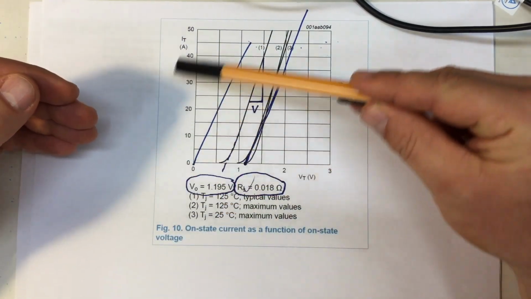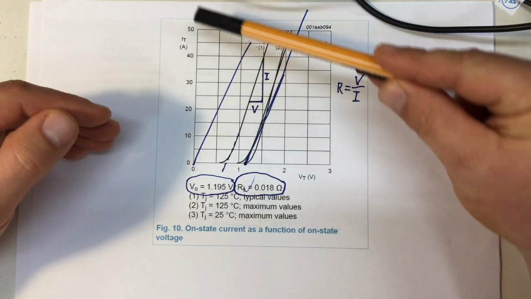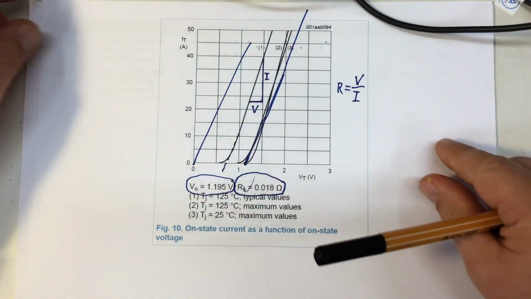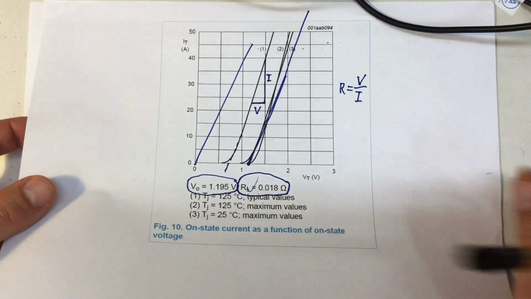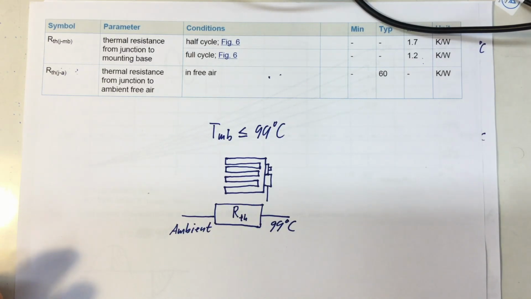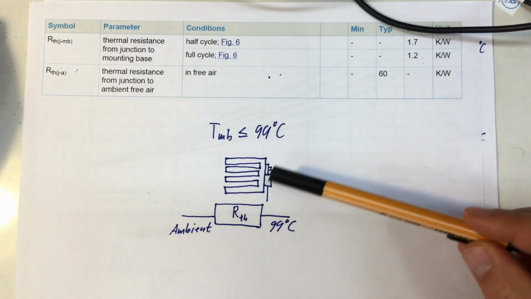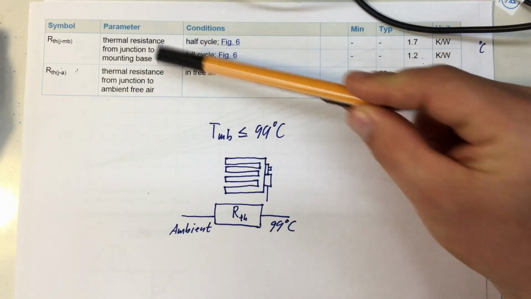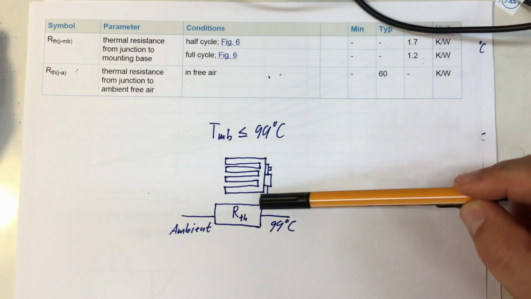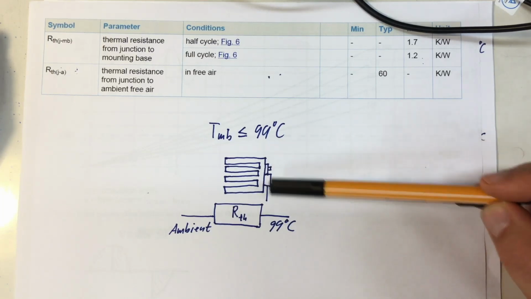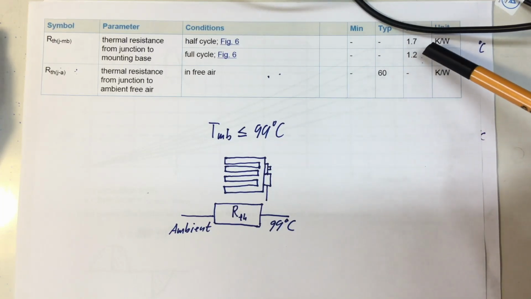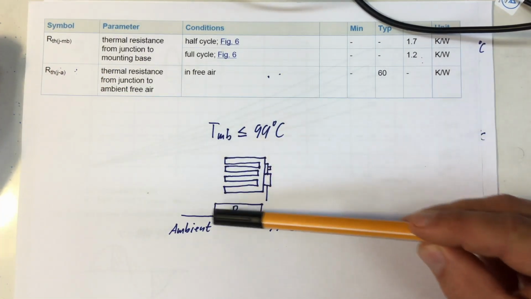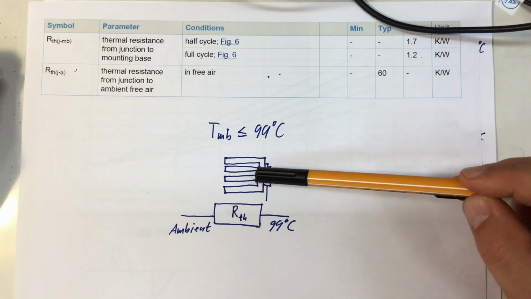We could then multiply that by the current going through and do some integration and lots of complicated stuff to get the power dissipation at the junction. And then take the thermal resistance from the junction to the mounting base, that's given as 1.2 kelvins per watt, and then dimension a heatsink to use.